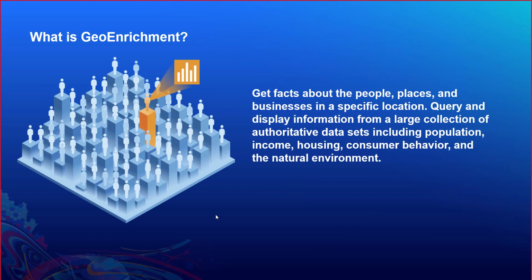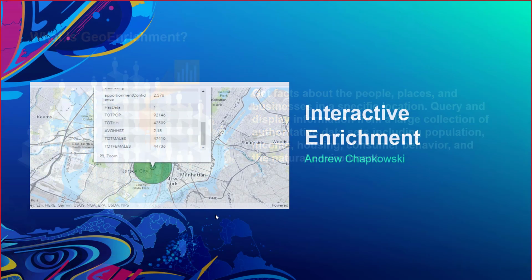GeoEnrichment is about taking information, whether it's a set of addresses, geometries, or known named locations, and providing additional information to it. This can be information like population and census data, income, housing, even consumer behavior data. And the amount of content varies based on the location that you're interested in.